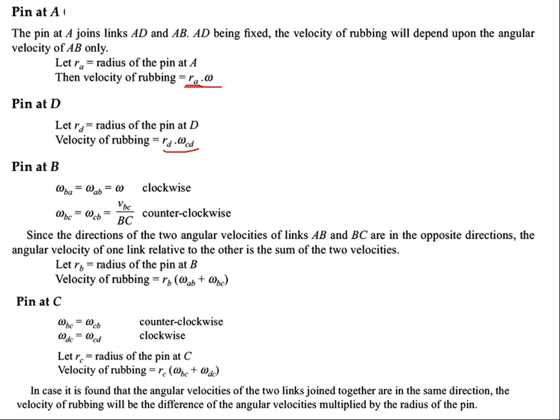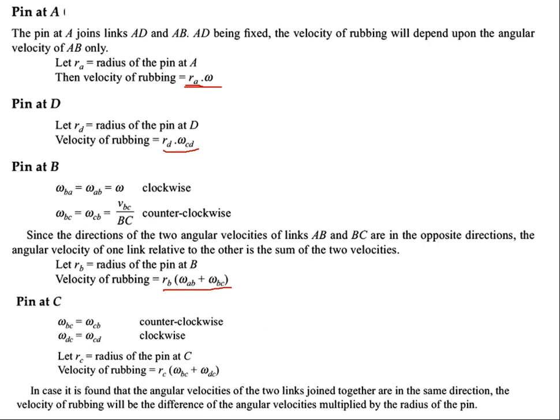Okay, and similarly at point B, whether it is BA or AB clockwise here, or BC or CB counterclockwise, the velocity of rubbing will involve AB and then BC, because B is connected with respect to AB and also from B to C. Therefore, it will be RB multiplied by omega AB plus omega BC.